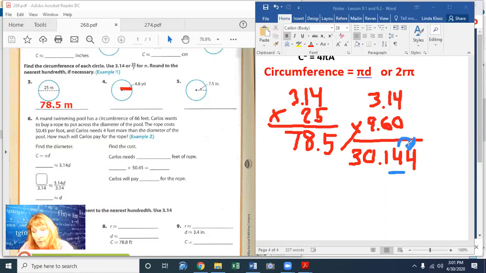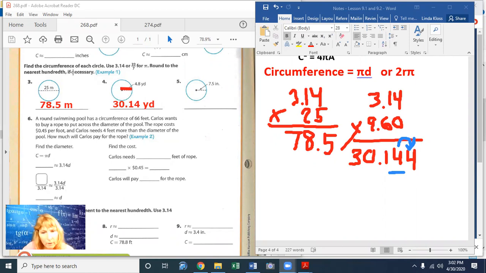If he is 5 or more, we have to round the guy to the left up 1. So this is not 5 or more. So we're just going to leave the guy next door a 4, and we're going to drop the other guy. So the answer is 30.14, and that's yards. So there would be our answer, rounded to the nearest hundredth.